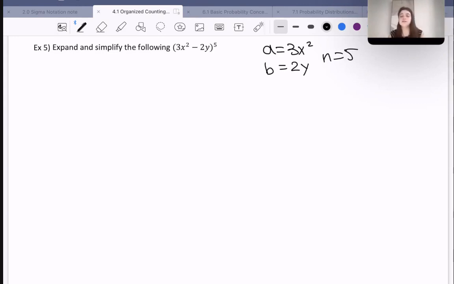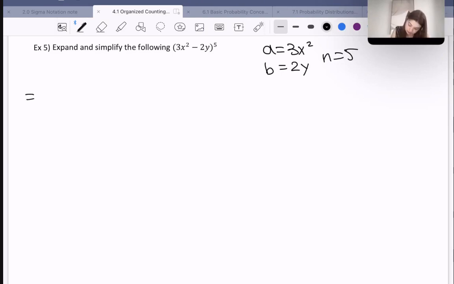It may be harder in the sense that there's a bit more simplifying, more terms to deal with and handle. But at the end of the day, it is the exact same thing as the earlier examples, just made a little bit more challenging by replacing a with 3x squared and replacing b with 2y. Good. Okay, so let's run through this one.